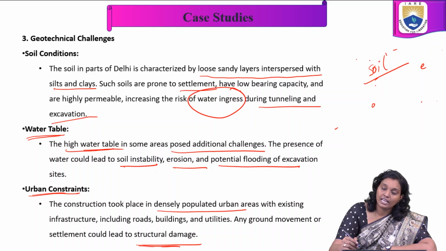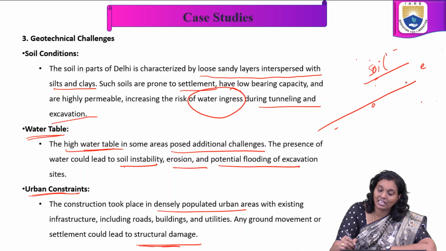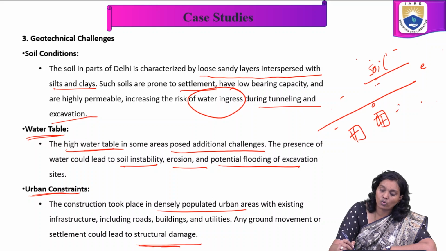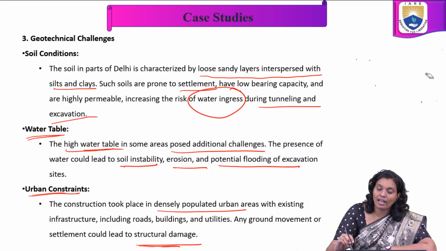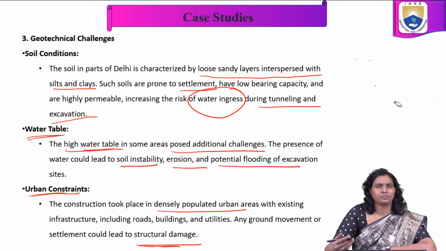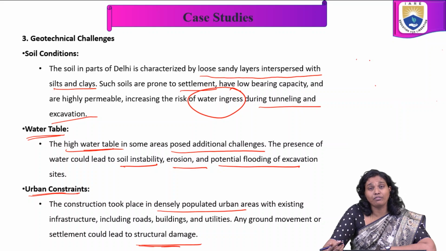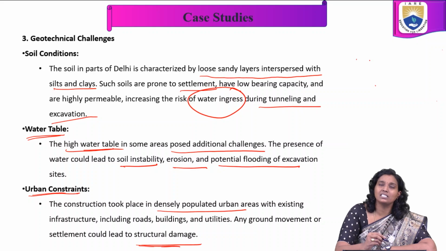So whenever we are finalizing the alignment, nearby structures, other infrastructure, roads and public transportation systems are available. So it may be affected because of this kind of soil for constructing this. These are the major challenges we face from the geotechnical point of view.